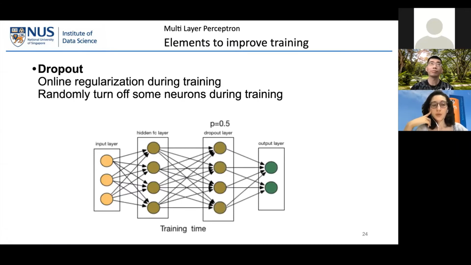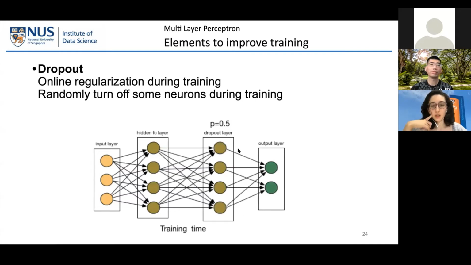Then another element you can use is to add dropout layers. So here's also an architecture of a multi-layer perceptron, fully connected. As you can see, each neuron, each small building block function will be linked to all previous neurons in the previous layer.